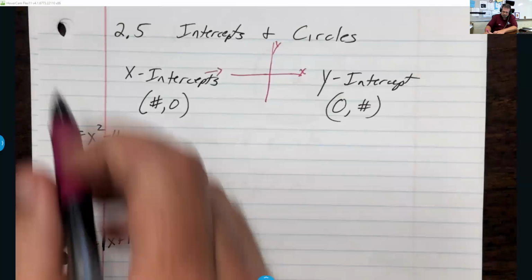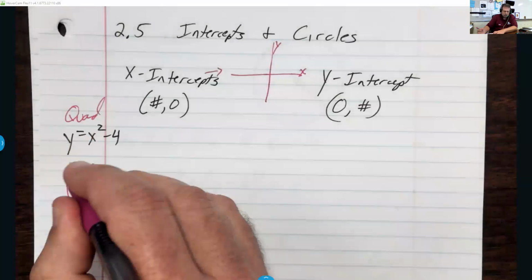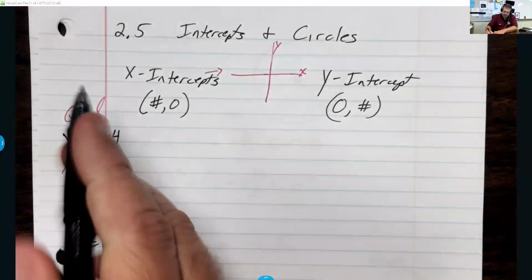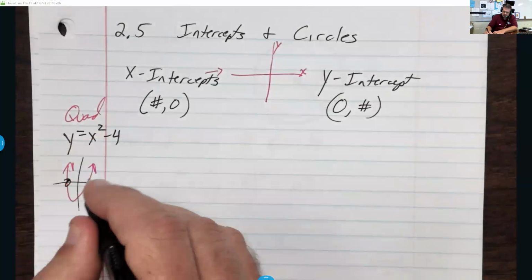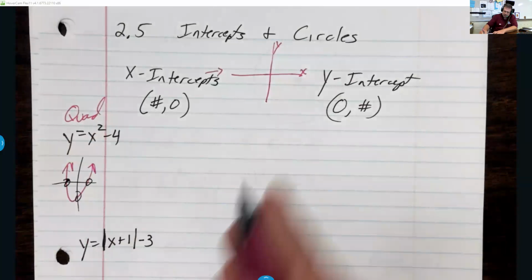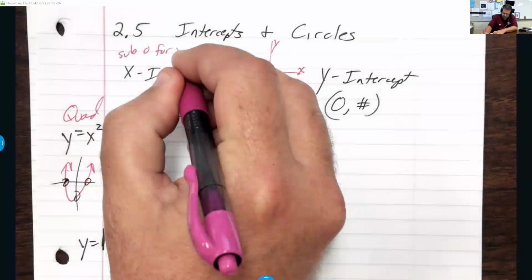So here I have a quadratic function. Quadratic functions are parabolas. So there's a chance that you might get up to 2 x-intercepts, but you'll only ever get 1 y-intercept. Rule for x-intercepts, sub 0 for y and solve.